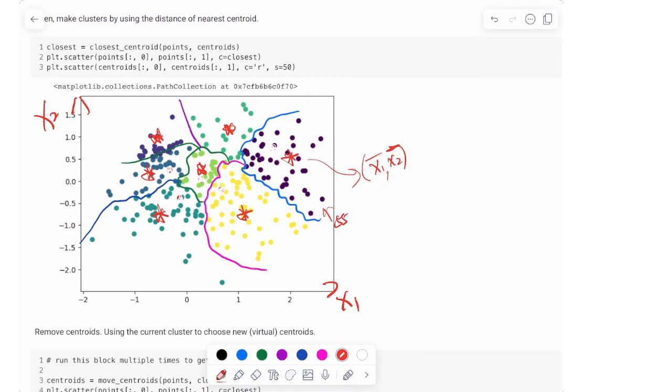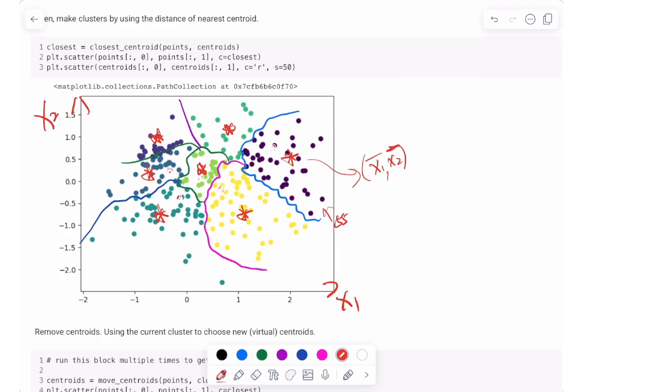You simply calculate the central E, which is the average of x1 and x2 in this small area. And those central E are virtual central E. That means there's no actual data point at that central E. Okay?